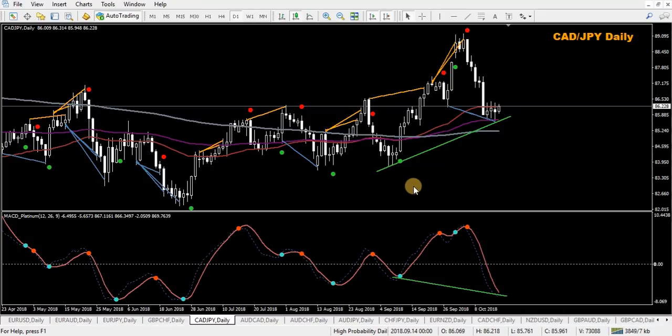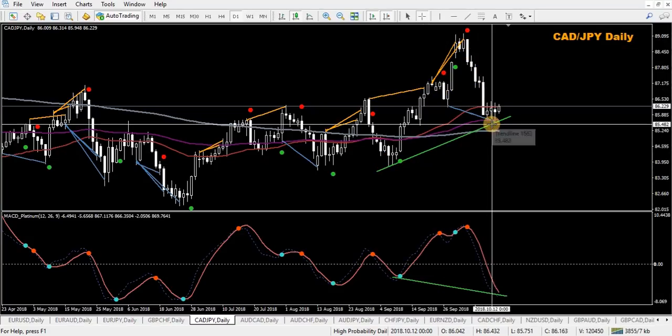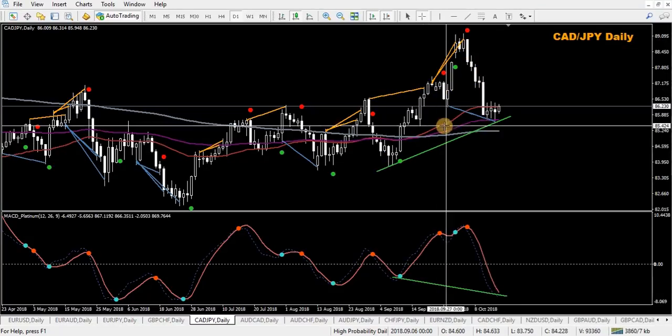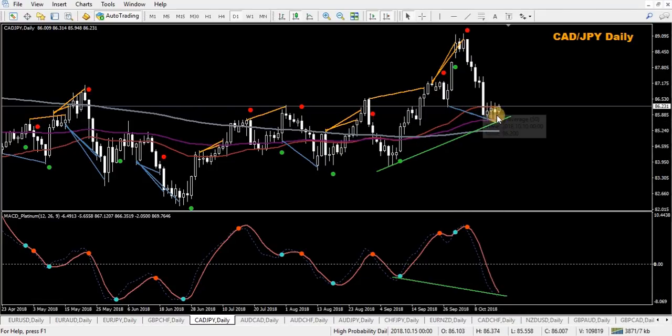Moving on, CAD Japanese yen. Nothing much happening here. It's come down nicely. Possibly now looking for a buy here. The MAs are sort of up and starting to spread. We've got lower lows on the MACD platinum and price higher lows. Potential, we still need confirmation.